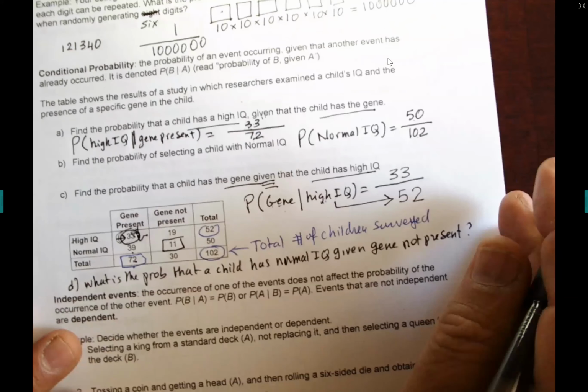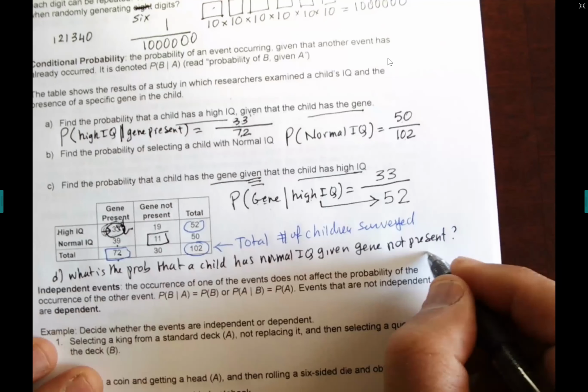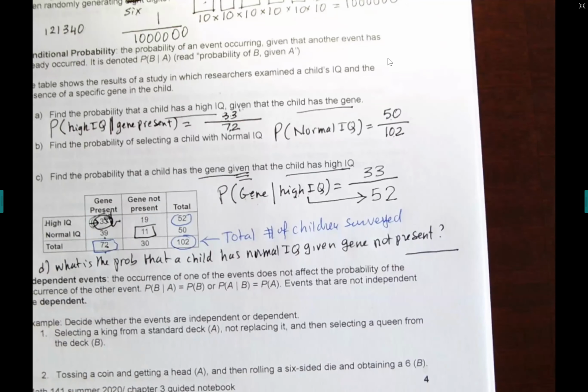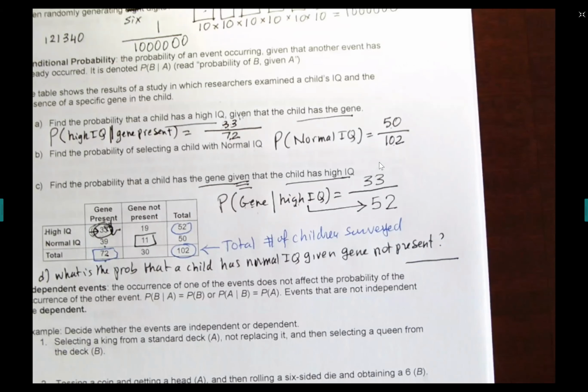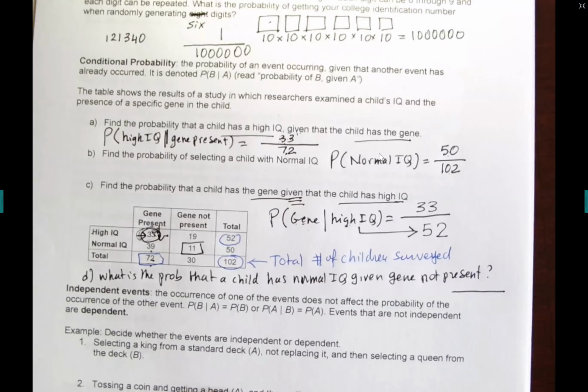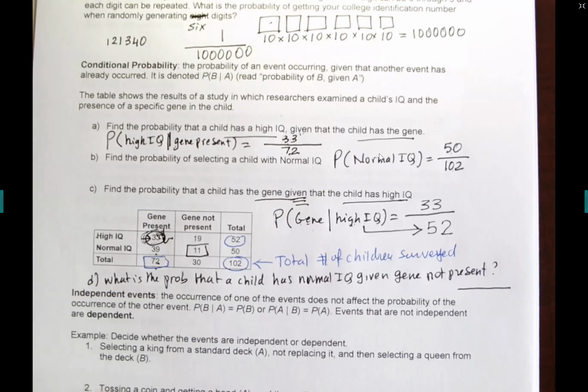Okay, I'll pause for a few seconds, guys, and let's put the answer here. Remember, what comes after "given" goes to the denominator.